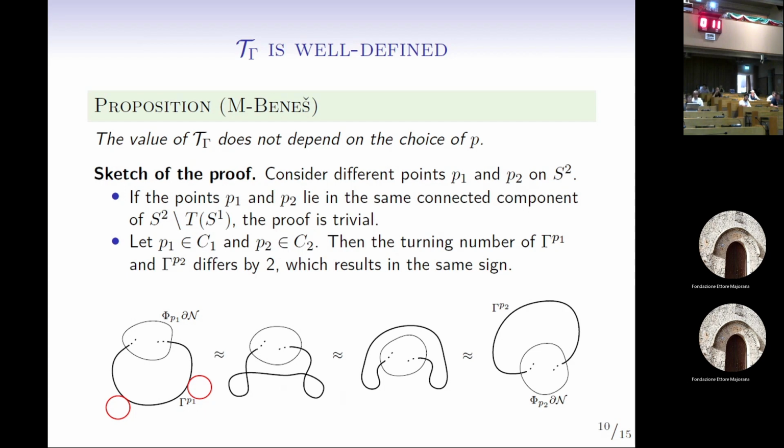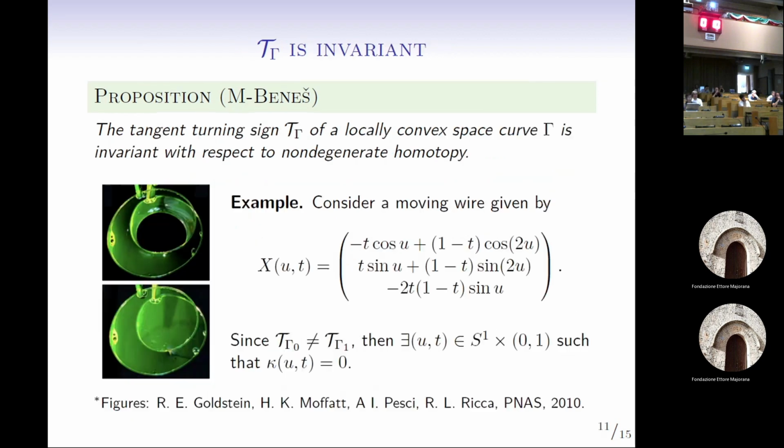A simple way to see this visually is to add two circles with the same orientation to one of the arcs. So the curve, let's say, goes like this and this. If you do this, we can then just use regular homotopy to get to the curve on the right. So adding these two circles changes the total curvature by plus or minus 4 pi. So the turning number was changed by plus or minus 2, and the sign is the same.